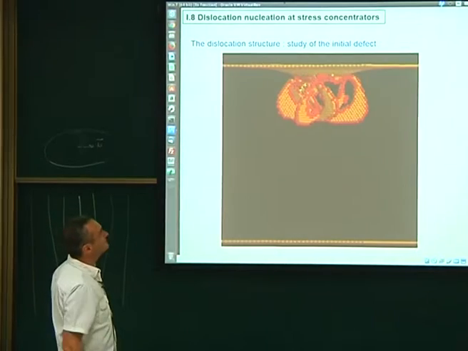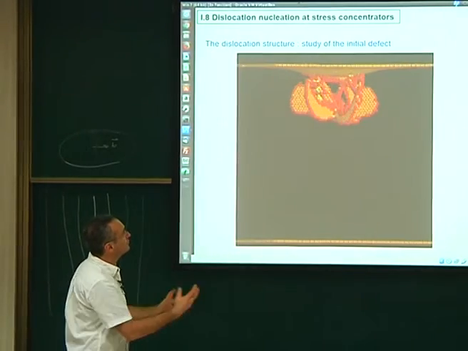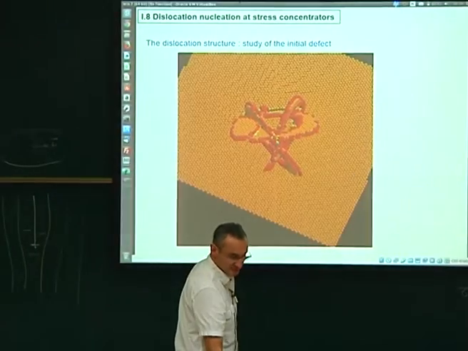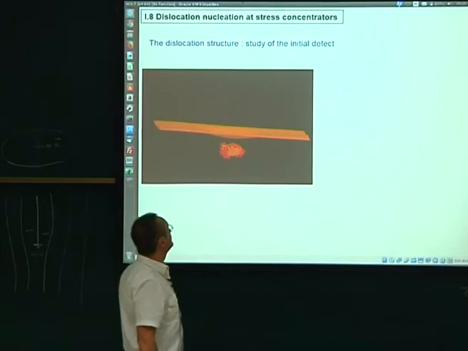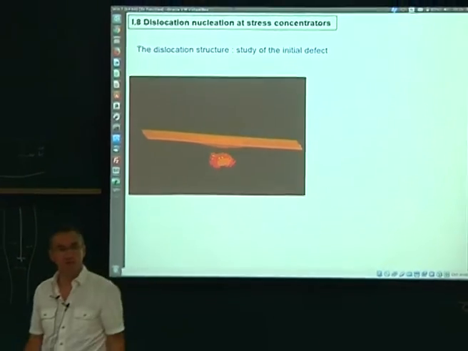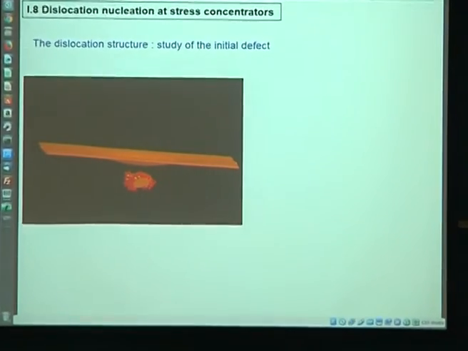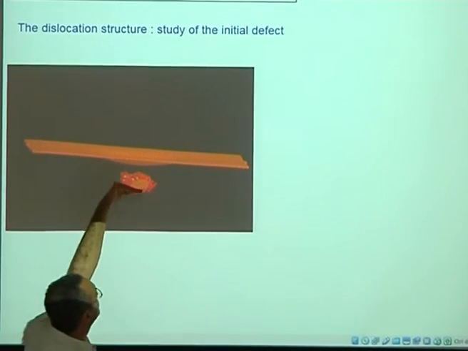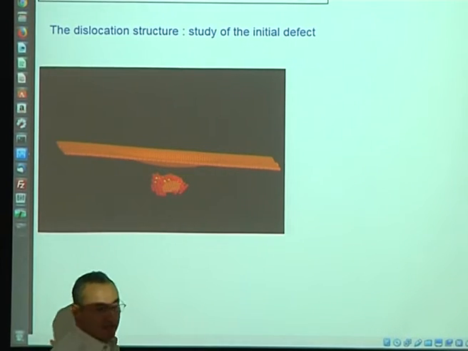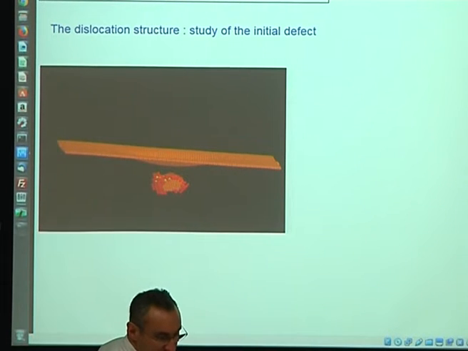Very quickly, you have this complex mechanism, and this structure touches the surface, and it looks like a triangle at the surface. I looked seriously in the MD simulations. This was the first defect. It was made of three planes, with several stacking faults inside.